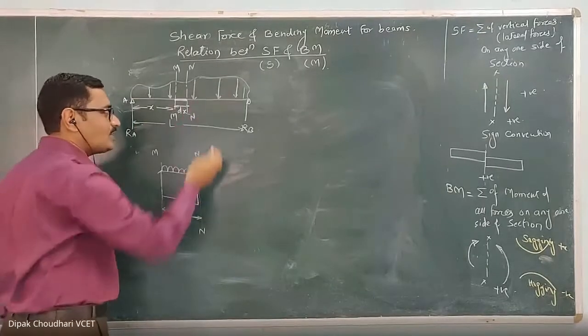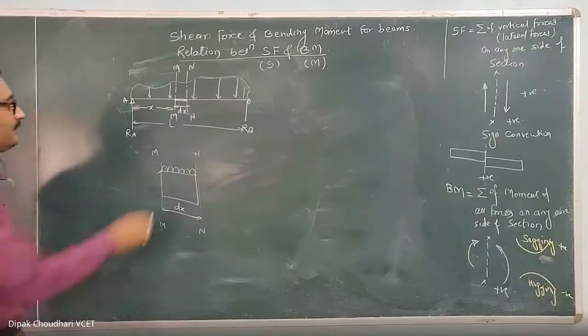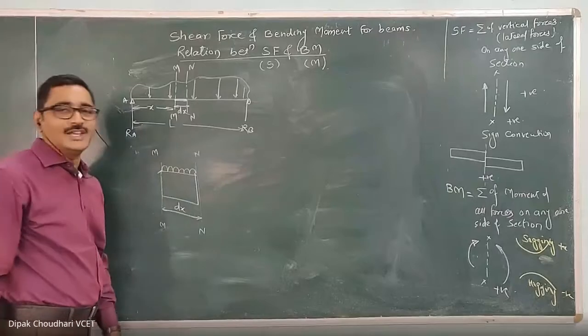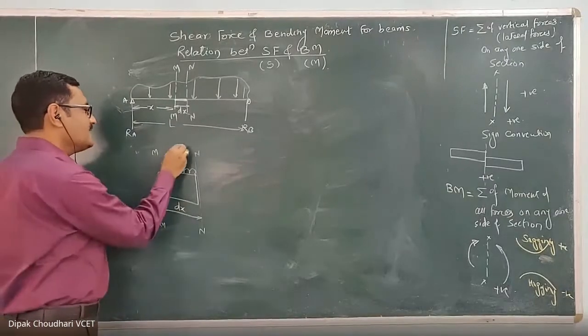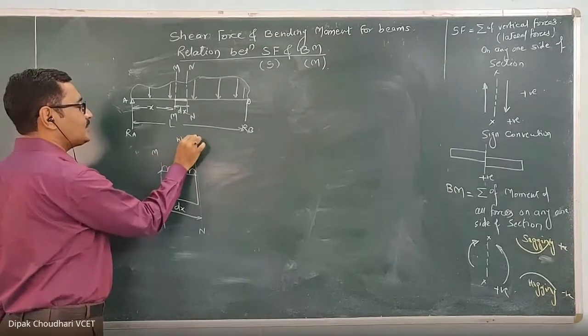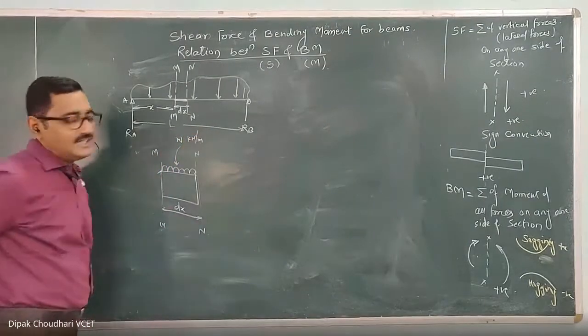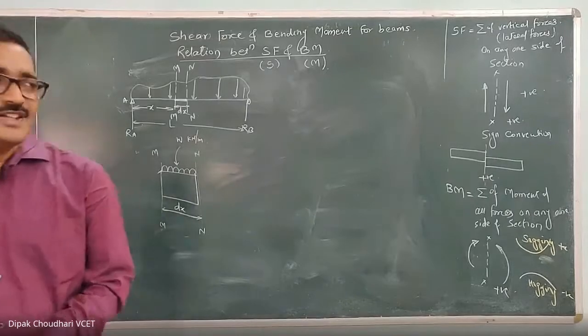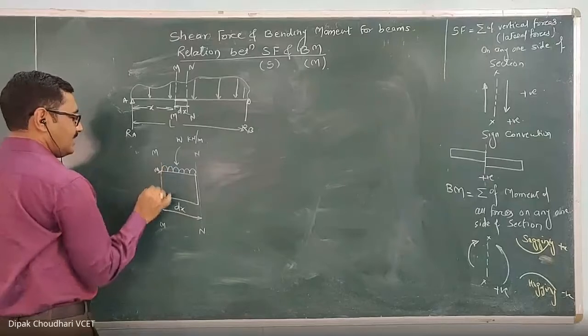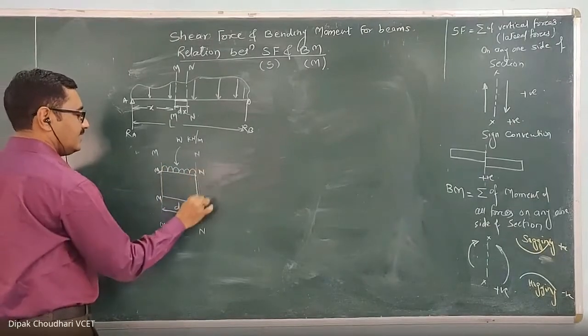It may vary over the length L, but if I consider a very small part, the loading may be considered as a UDL because it is very, very small. The intensity of this loading is W kilonewton per meter. Now, I am considering just MM and this is NN.